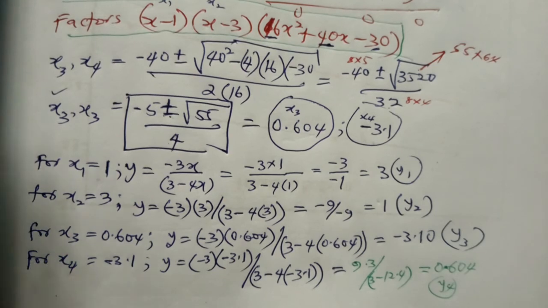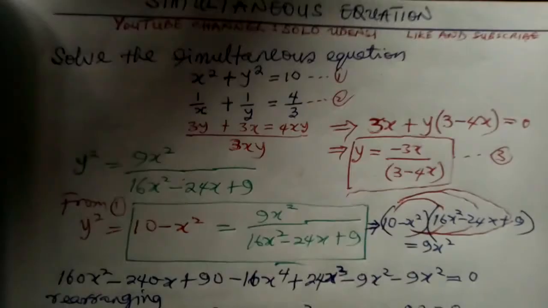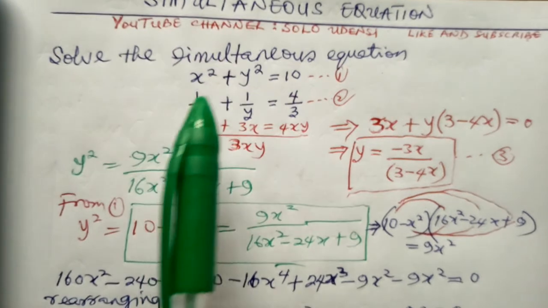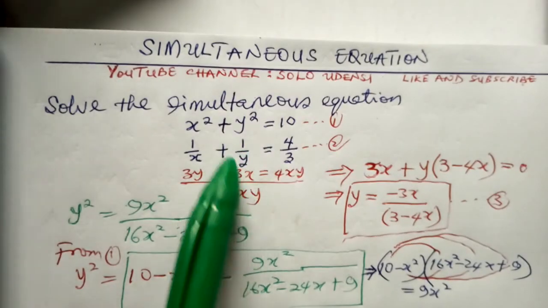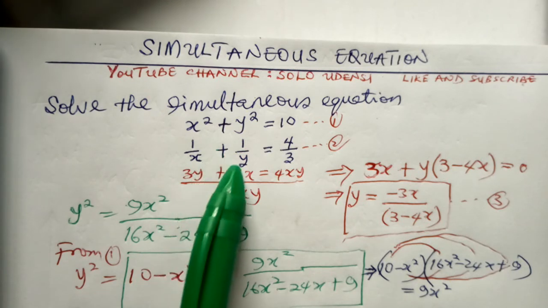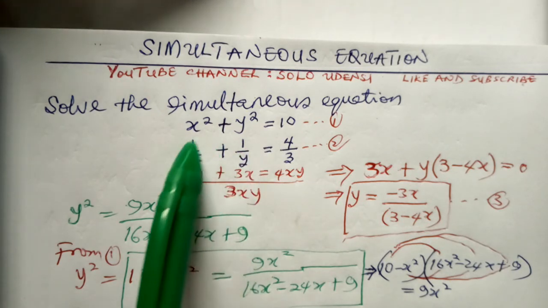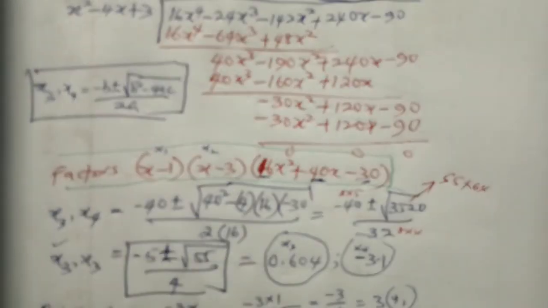So that is how to do this. You see that this problem that we started off with has given us 4 values of y and 4 values of x that can be correct.